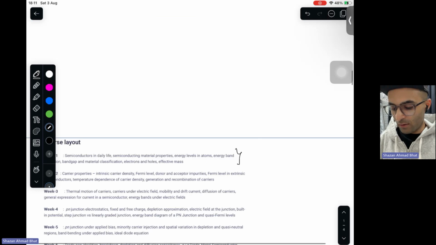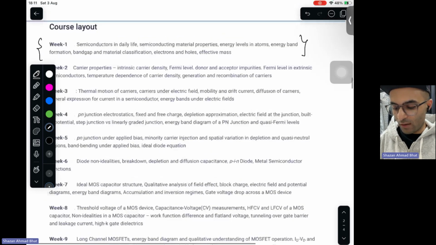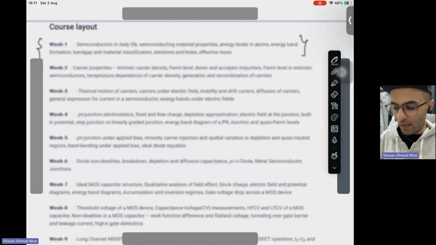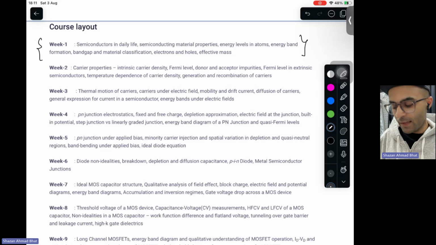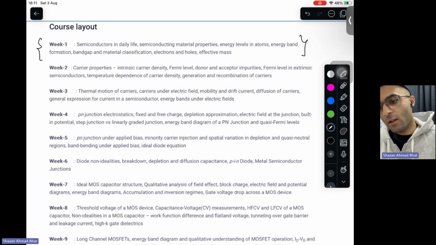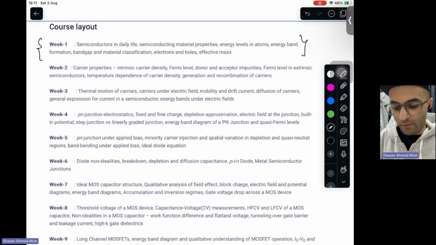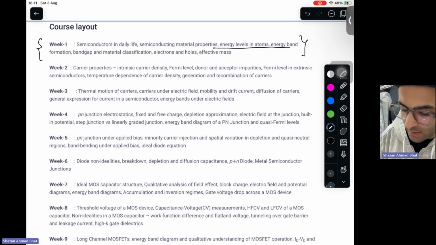So now, if we talk about the brief course layout, how the course will go as per the NPTEL website. In week zero, you might have covered the different aspects of the semiconductor, their applications, and their different semiconducting materials, the different energy levels in the atoms, the energy band formation, and the band gap. So all of this comes from quantum mechanics.